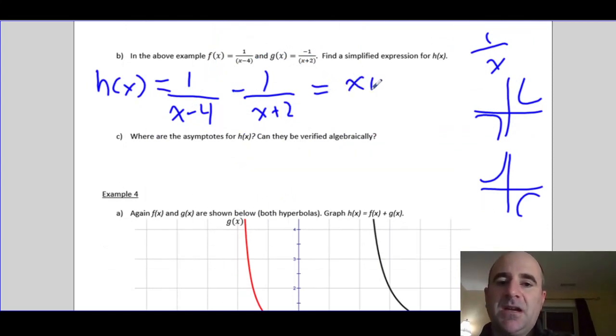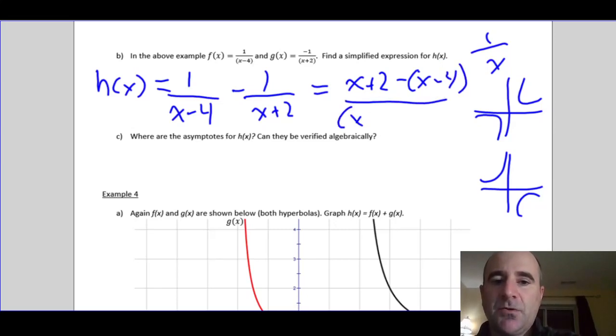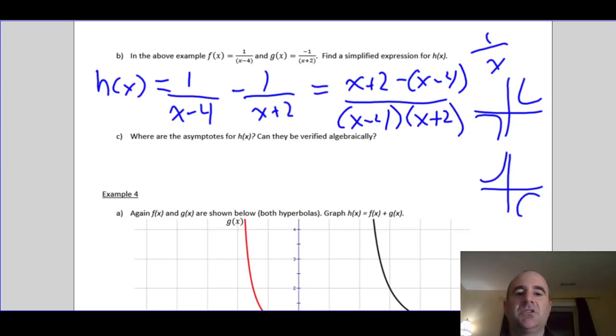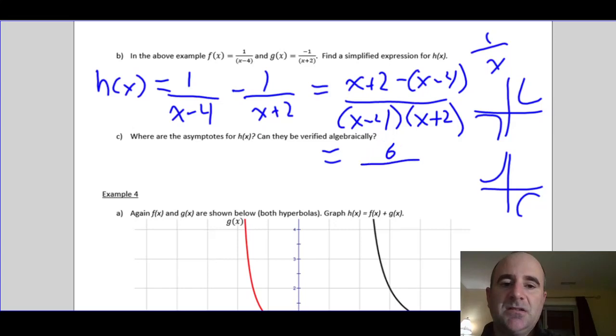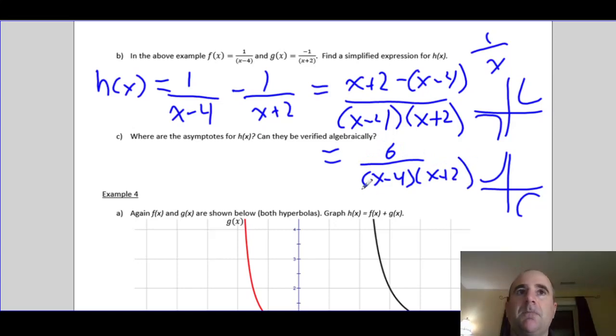It simplifies to x plus 2 subtract x minus 4, all divided by x minus 4 times x plus 2, which equals, sorry, this is a bit of a mess here, 6 divided by x minus 4 times x plus 2. So there it is. There's h of x right there.